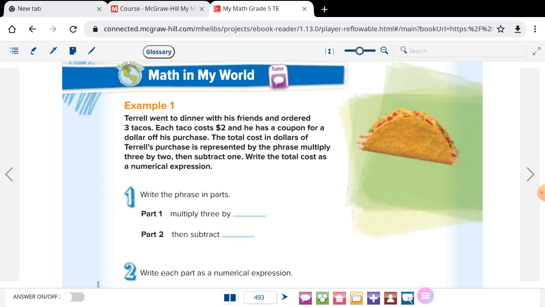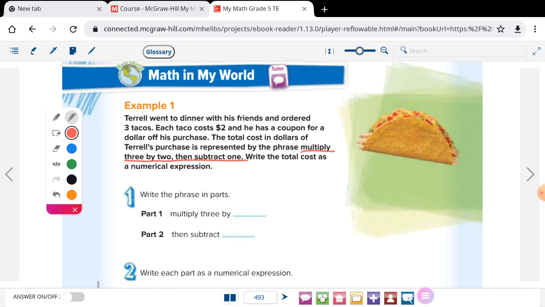Each taco costs $2 and he has a coupon for $1 off of his purchase. The total cost in dollars of Terrell's purchase is represented by the phrase, multiply 3 by 2, then subtract 1. I want you to underline that phrase.